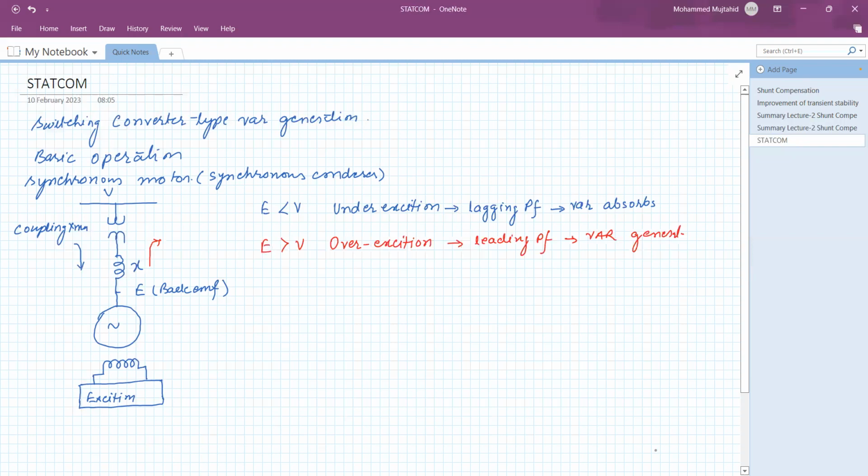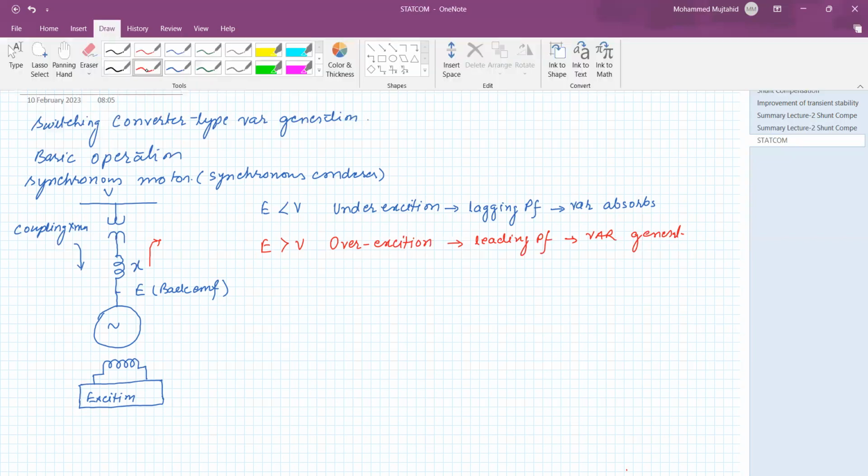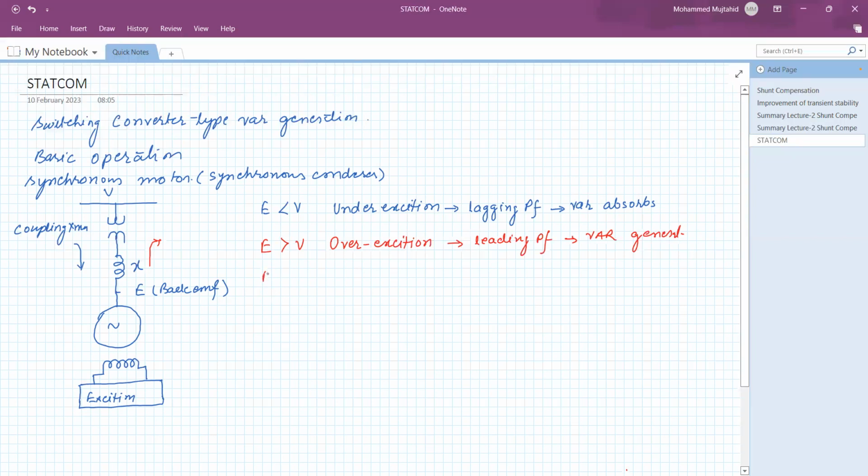Now, one more thing we are going to say right over here. Take the third case, where the excitation EMF or back EMF is equal to the supply voltage, and it works on normal excitation.